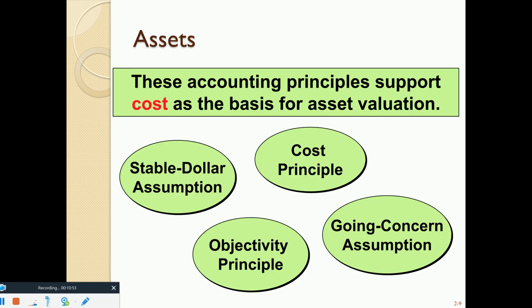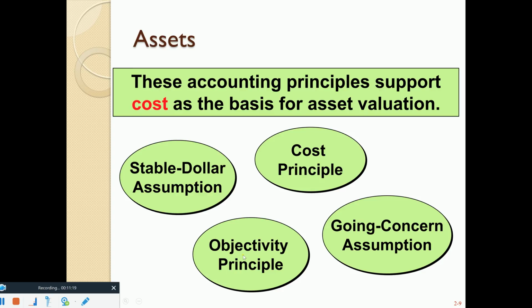Luckily here in the United States, our currency, our monetary unit, the US dollar, is relatively stable. And that is an assumption that the dollar is going to remain stable. That's very important. The second one here, it says cost principle. All of our transactions are going to be reported at the cost that we paid for them, or the cost we are receiving.